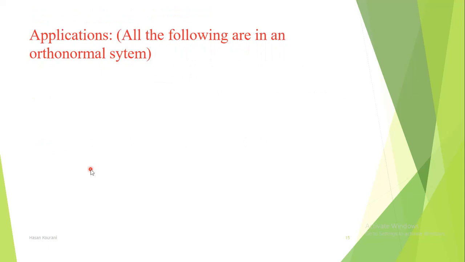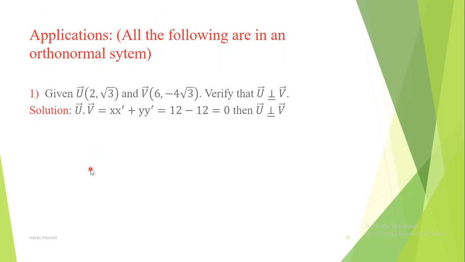Let's see these examples. We are given u of coordinates 2, radical 3 and v of coordinates 6, minus 4 radical 3, and we are asked to verify that u is orthogonal to v. To do this, as you see, we are given coordinates, so it's easier for us to use the analytic definition, which is x x prime plus y y prime: 2 times 6, which is 12, and radical 3 multiplied by minus 4 radical 3, which is minus 12.